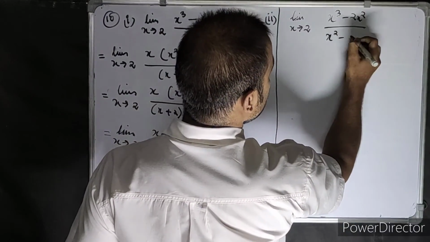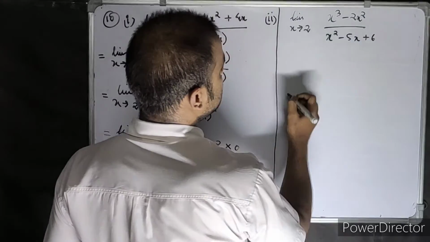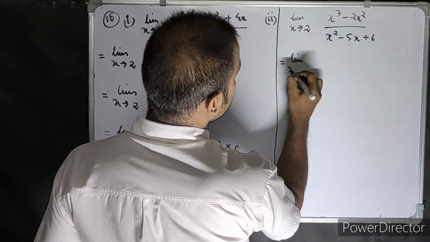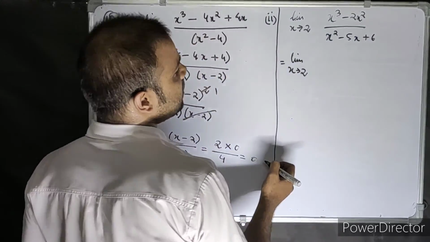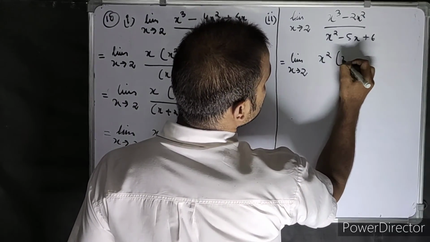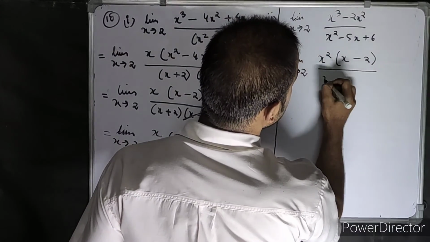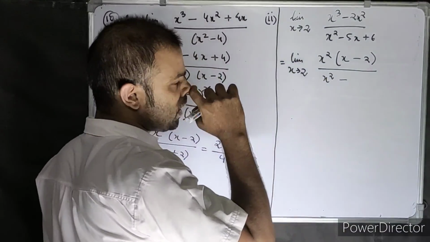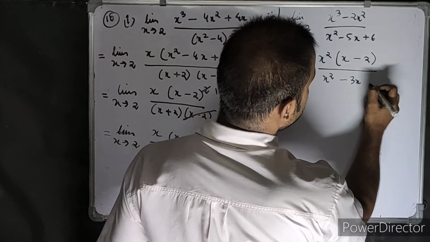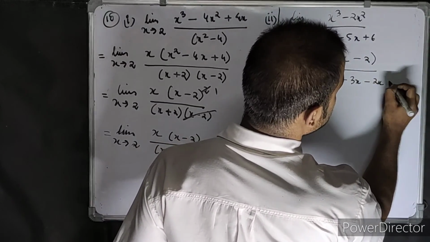You can put bracket for both. So this will be limit x tends to 2. Take out the x squared, so you're going to get (x minus 2) over here. Down here, x square minus 3x minus 2x plus 6.